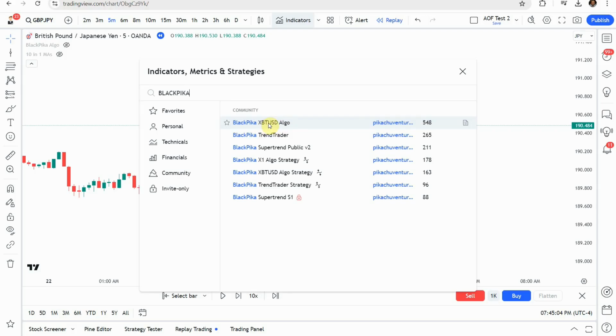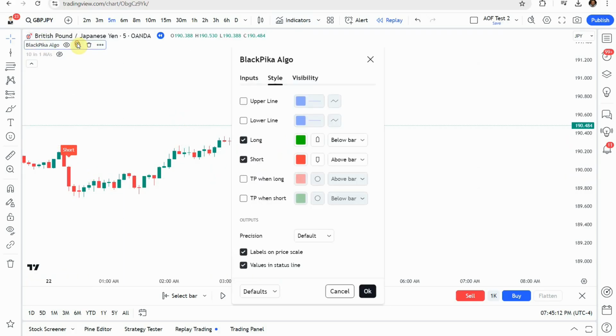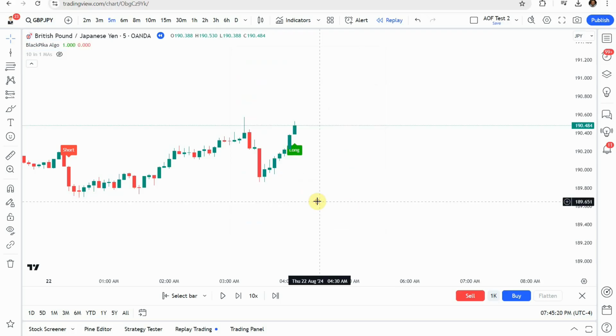Go ahead and click on that and add it to the screen, and it will basically display short and long signals like this here. Jump into the settings, and under the inputs, make sure that you change the look back period right here to 21.